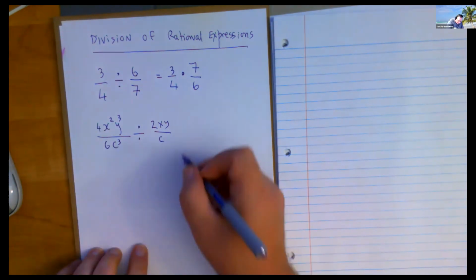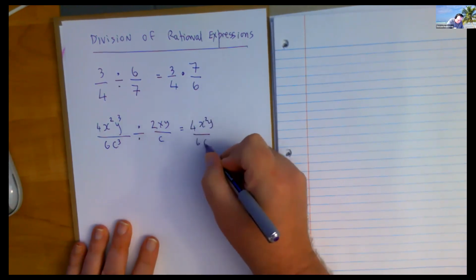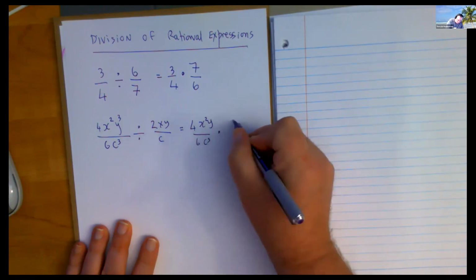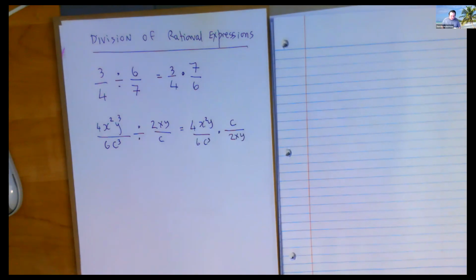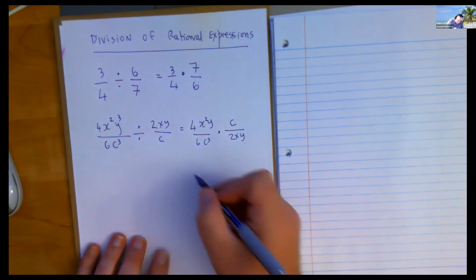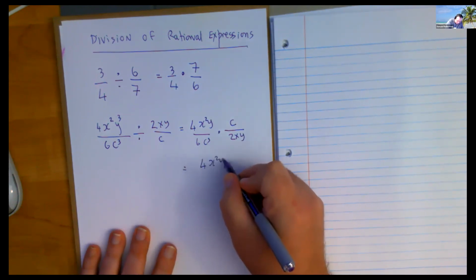We have one extra step. We turn it into a multiplication by the reciprocal. Me personally, I like this line. You may choose not to use it.